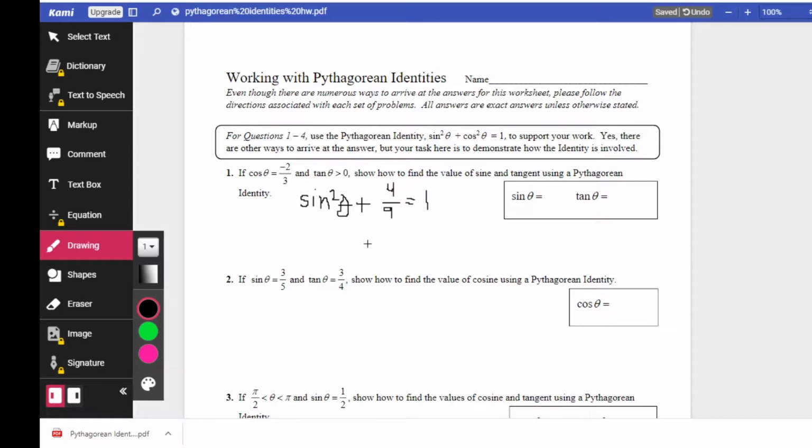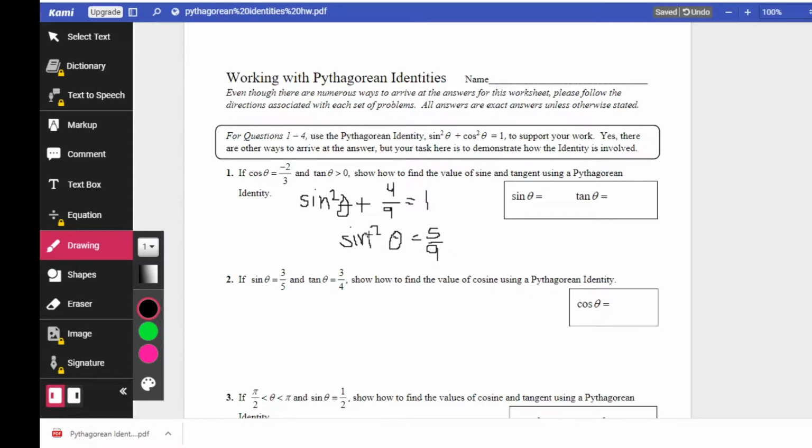Then we can subtract 4/9 from both sides. You get that sine squared of theta equals 5/9.